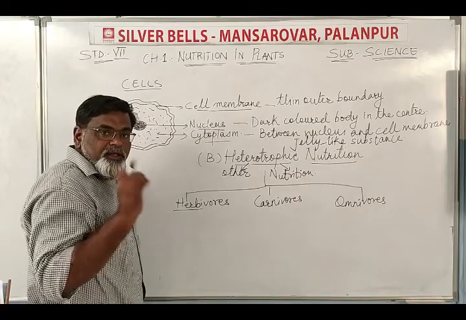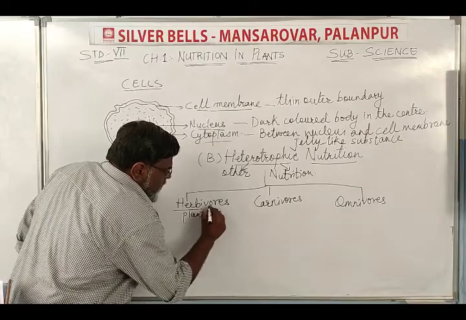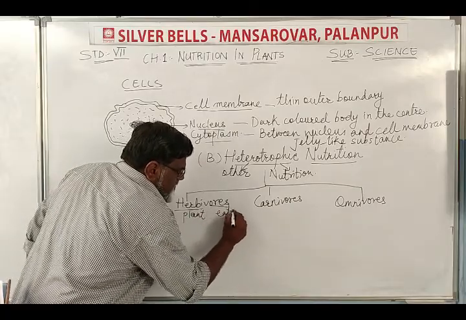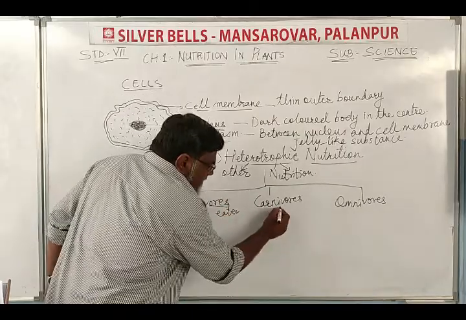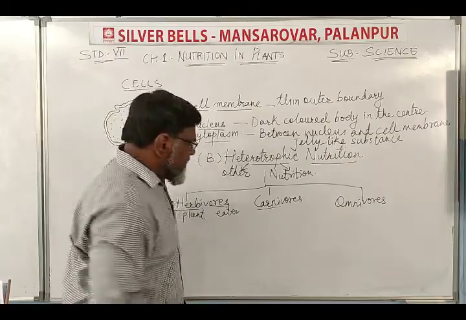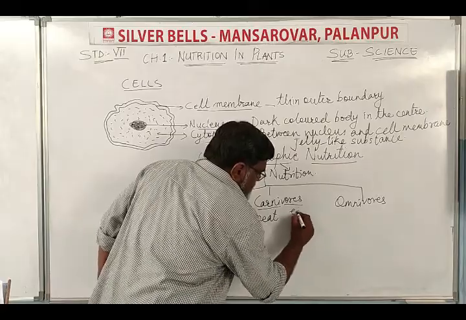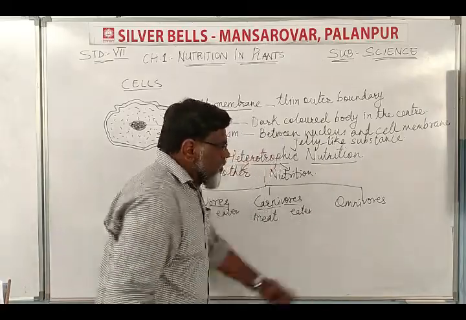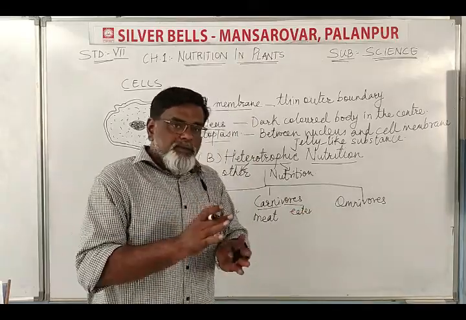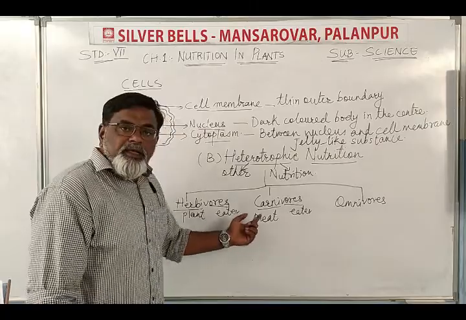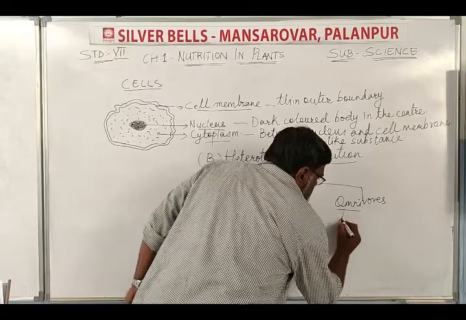Herbivores, herb, that is plant eater. Vores means eater. Okay? Carnivores, that is carni meaning meat eater. Omnivores, that is plant भी खाते हैं and meat both. That is plant eater and meat eater. They both are called as omnivores.